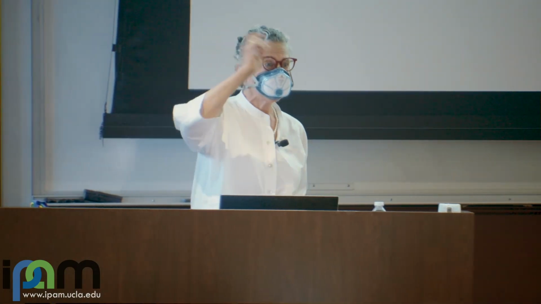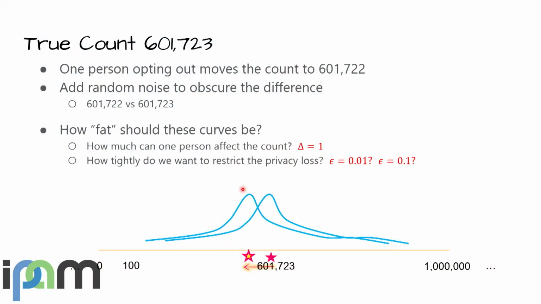So if you think about a counting query, the addition or removal of one individual can change the count by at most one. How many people in the database like to eat muffins? Well, there's some number, and if you take a person out, that number might go down, but only by one. If you add a person, that number might go up, but only by one. So the sensitivity is just one, and that's the capital delta here.